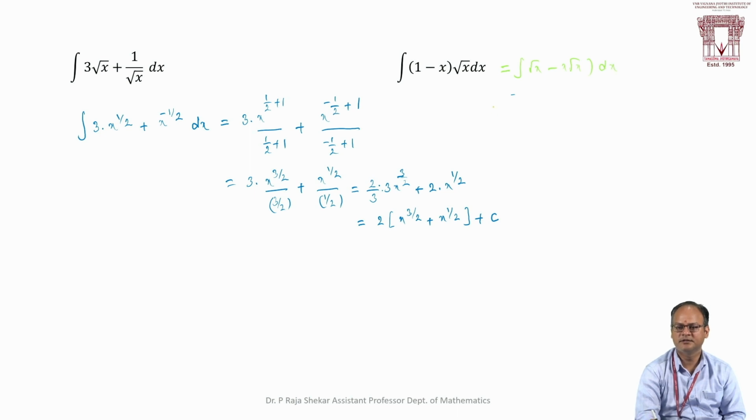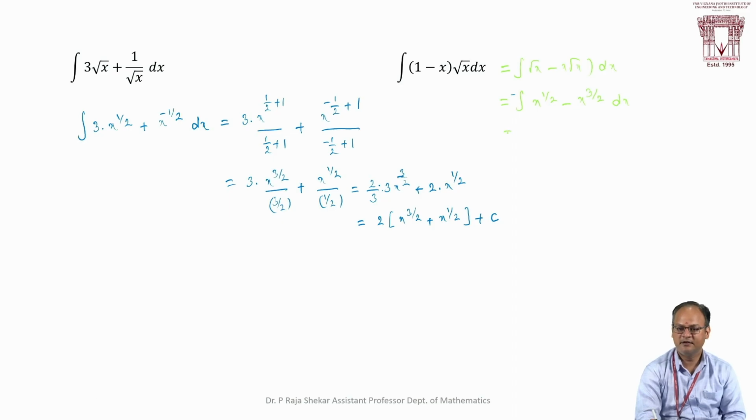Once again, how to write root x? Root x as x to the power 1 by 2. Minus, what is x into root x? x into x to the power 1 by 2, so it becomes x to the power 1 plus 1 by 2, and 1 plus 1 by 2 is 3 by 2.